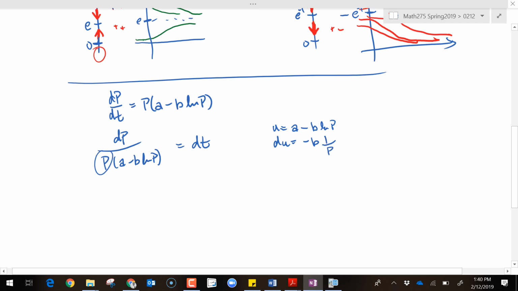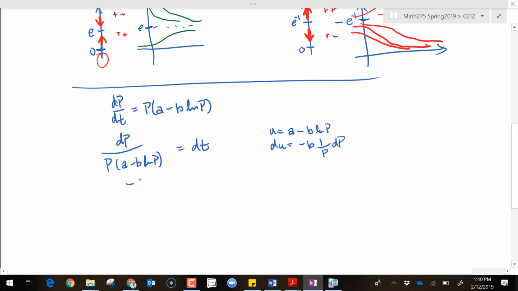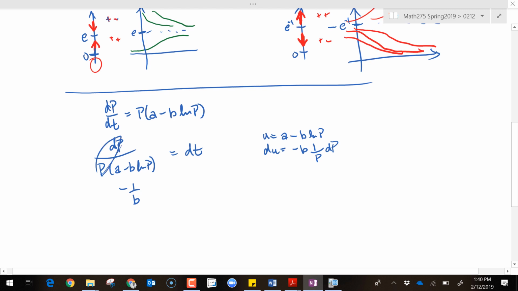That would get rid of that P. So we have a factor of negative 1 over b coming out. The dP over P is gone. So that's just going to equal du over u.